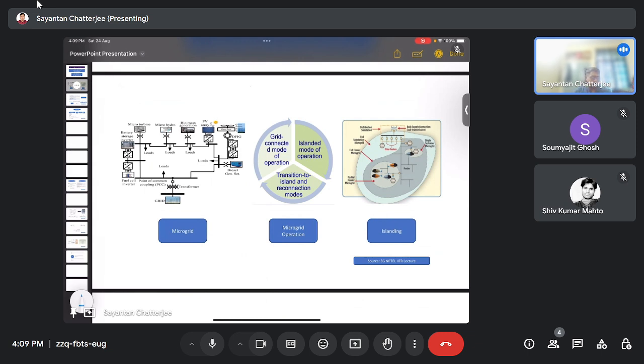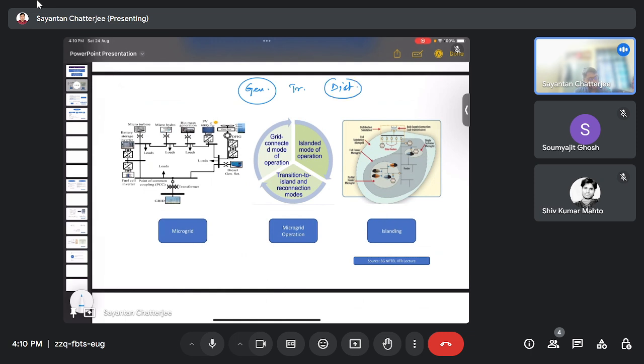Generation was mostly located in the outskirts, where raw materials like coal are more readily available, far away from the customer side.